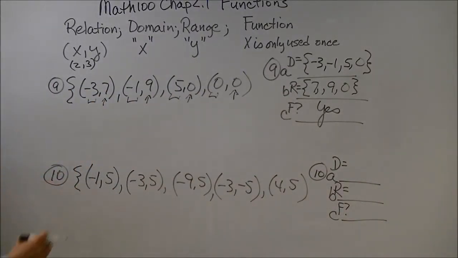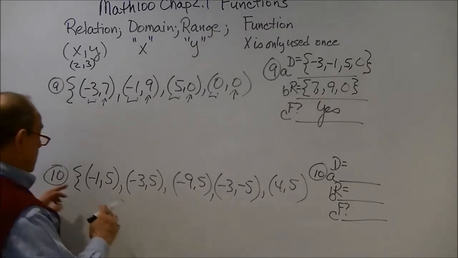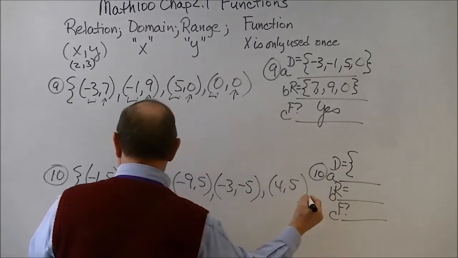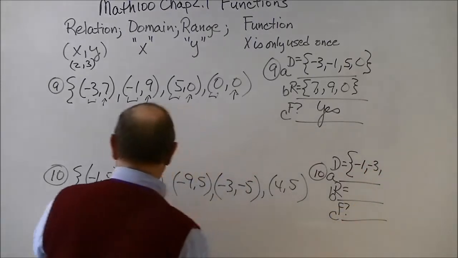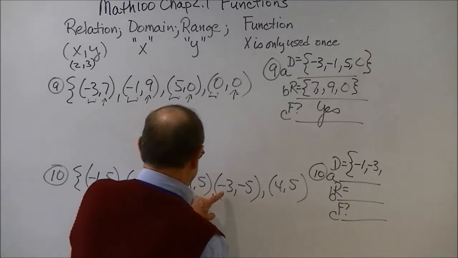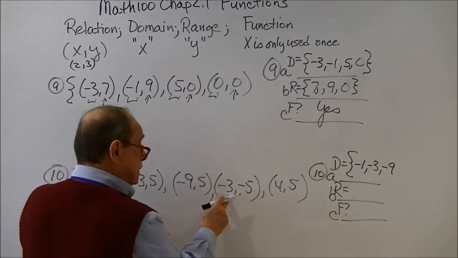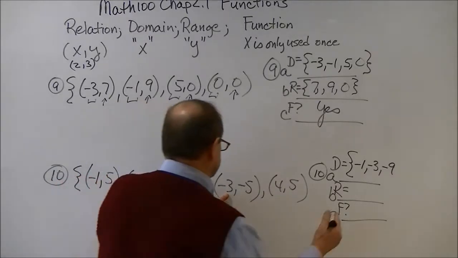Now in example 10, again, they want us to define the domain. So we start listing. -1, -3, -9. Now here, -3 is repeated, so we don't list it.